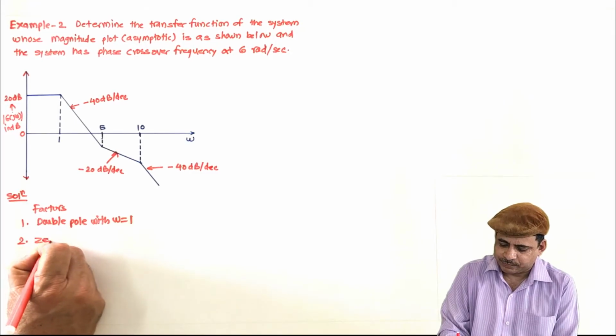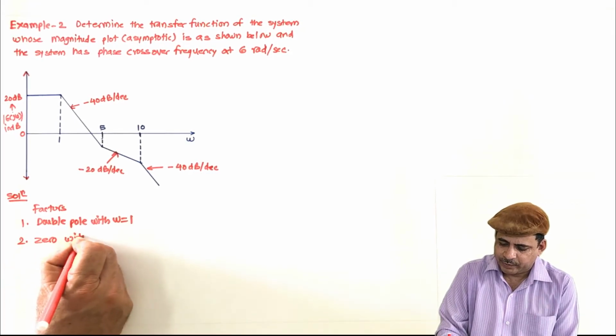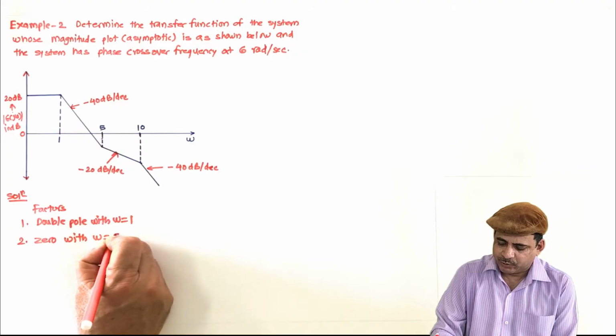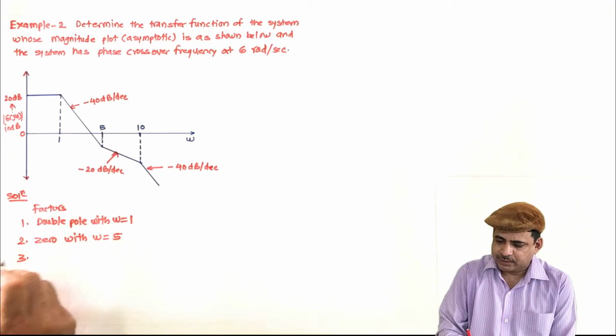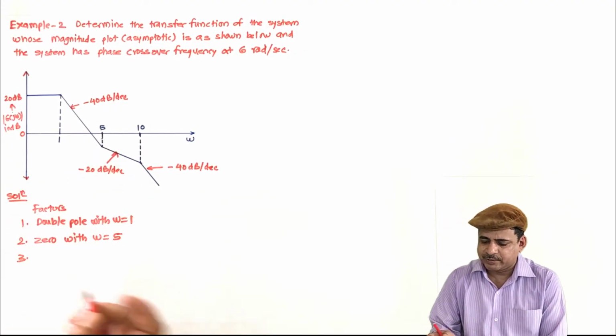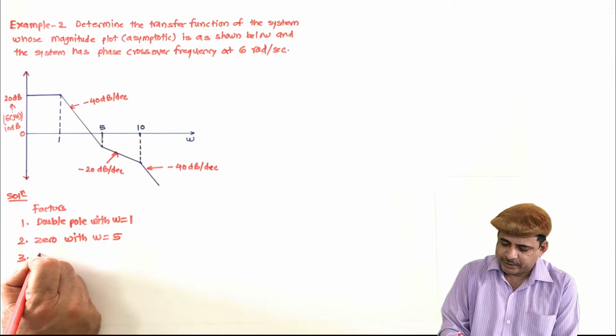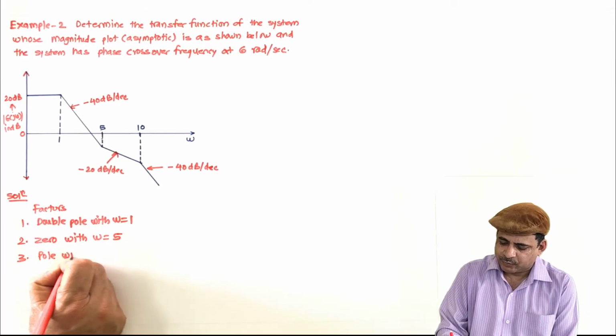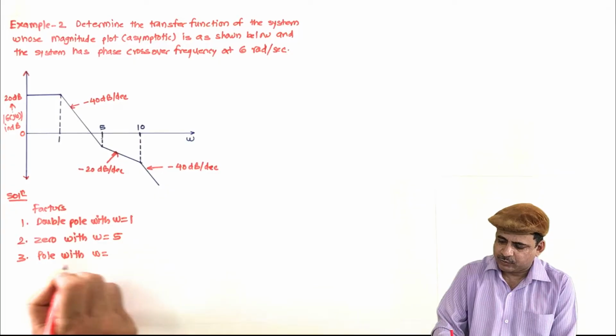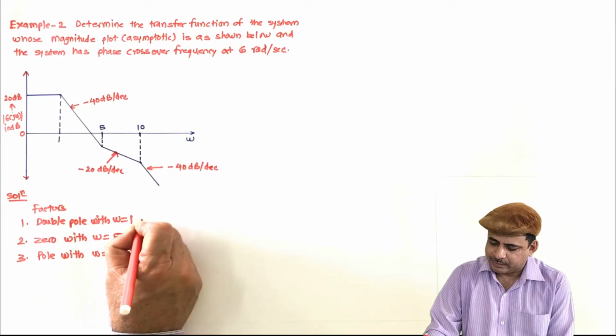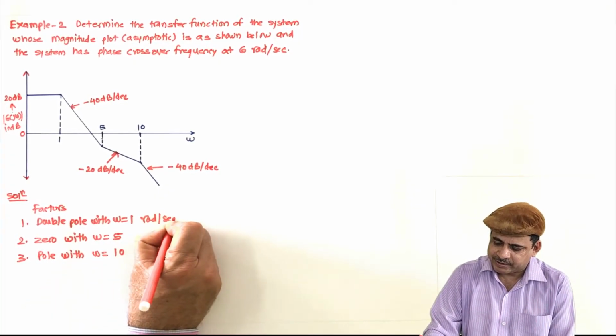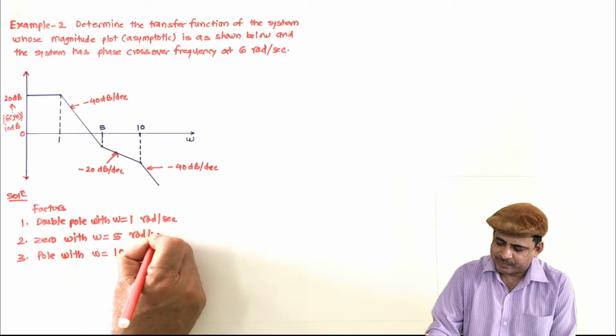So there is a zero with omega equal to 5. Then at omega equal to 10 again it becomes minus 40. So there is a pole with omega equal to 10. The unit is radian per second for the frequency.